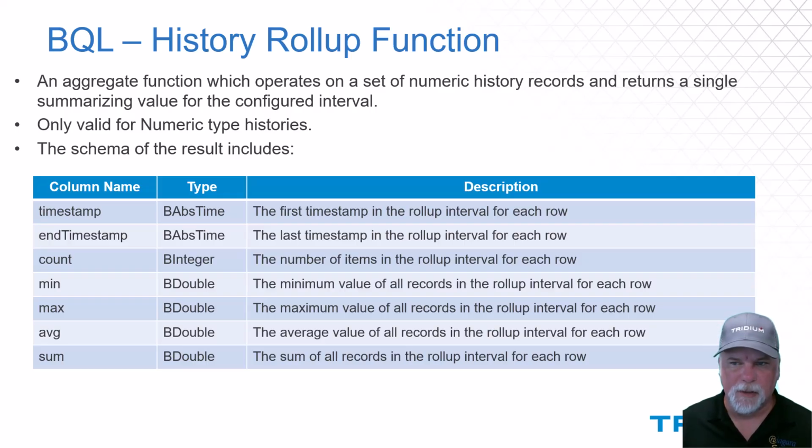There's a timestamp column, which is the first timestamp in that rollup interval, an end timestamp, which is the last timestamp in the rollup interval, the count, which is the number of items in that interval, and then the min, max, average, and sum, which are all the aggregate functions being applied to that set of history records.